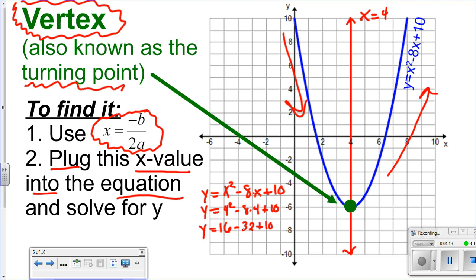So 16 minus 32 is negative 16. Negative 16 plus 10 is negative 6. So therefore, the coordinates of this must be (4, -6). And this vertex is always on the axis of symmetry.